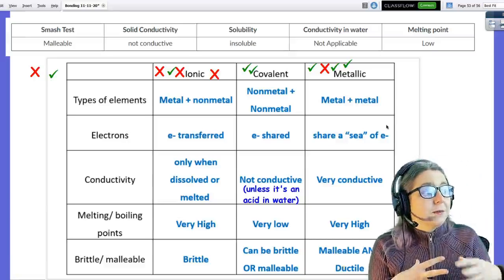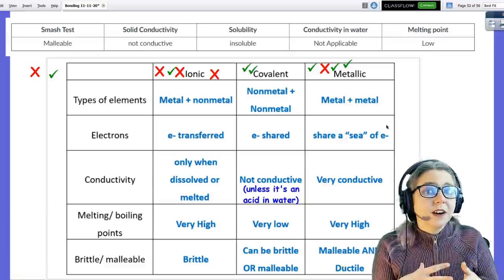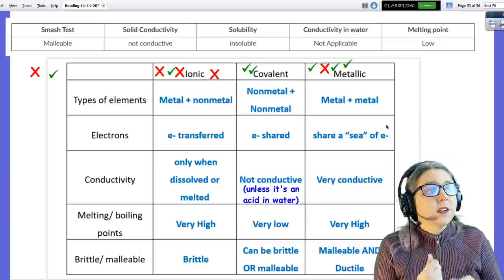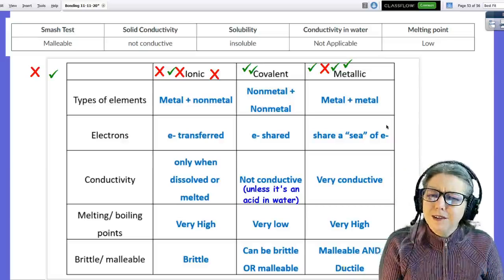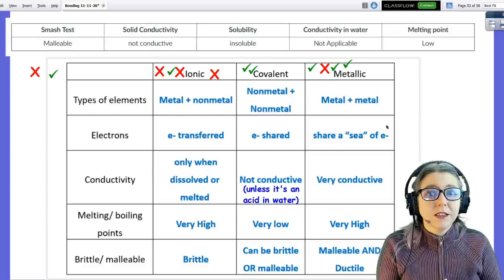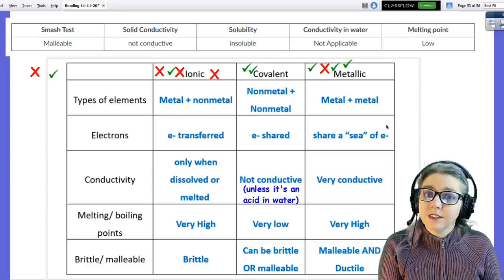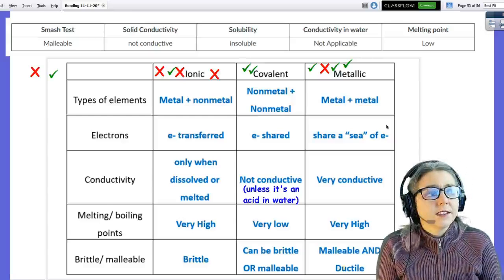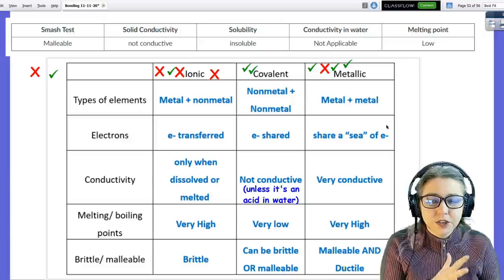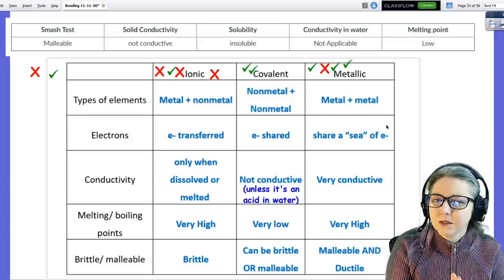So that's why my metallic test in water was not conductive. I wasn't actually testing the metal. My unknown also did not dissolve, so its conductivity test tells me that pure water does not conduct electricity, which we already know. This doesn't really tell me too much about its actual conductivity in solution, since I didn't make a solution.